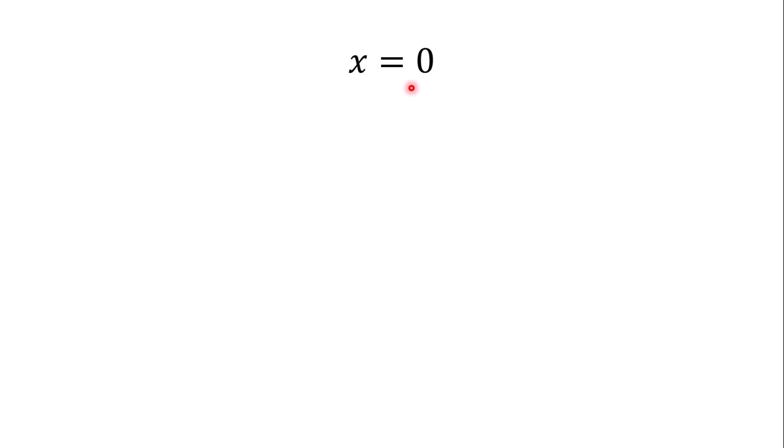That one is ignored, but this one is considered. Therefore, x is equal to 0.